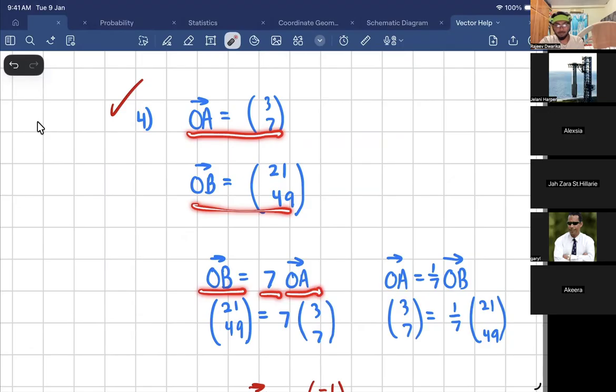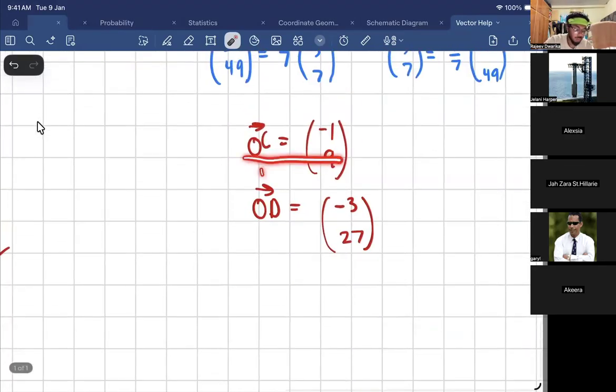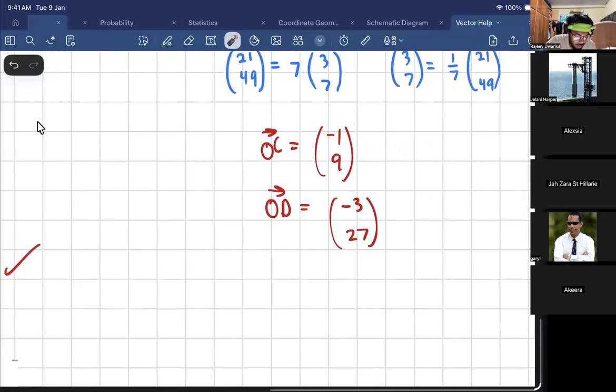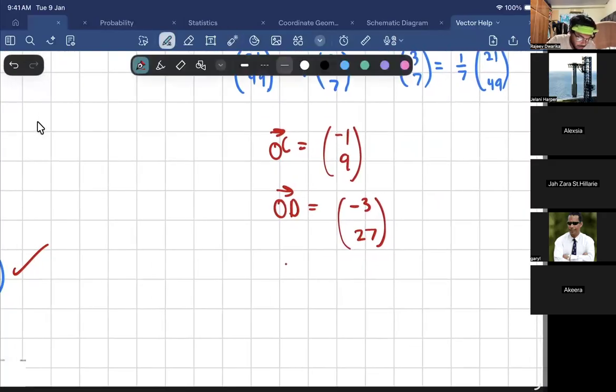Okay. So over here, what relationship could we form with OC and OD? Equal to 3 of OD. So OC equal to 3 of OD.